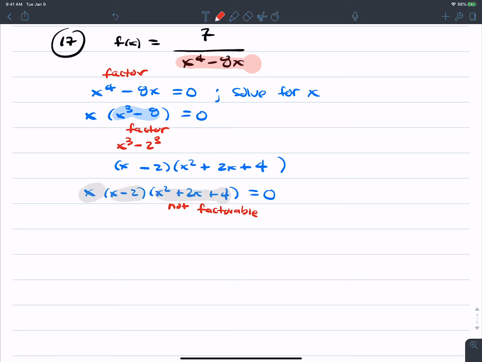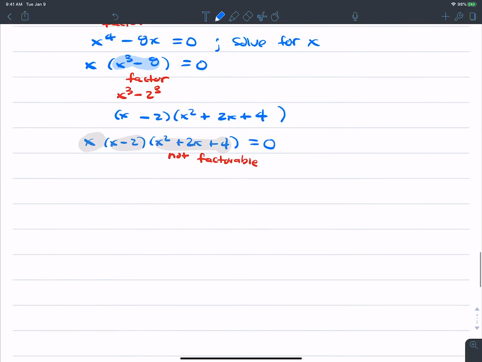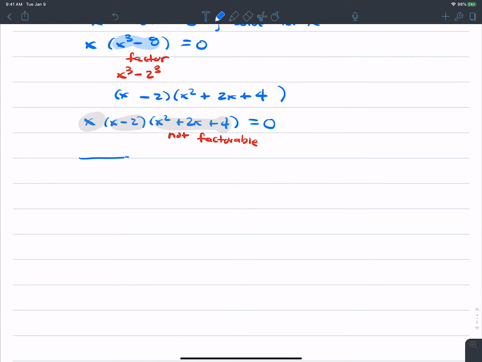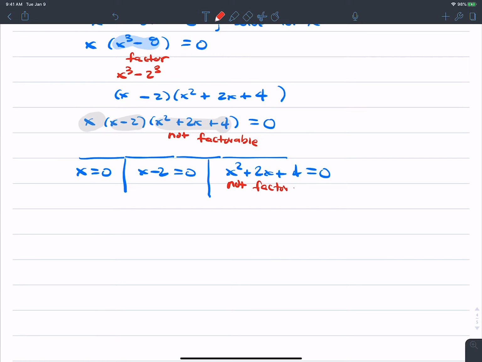That's going to be of importance for us when we use the zero product rule, because we'll end up putting every one of these terms equal to 0 in an attempt to solve. Since the last term is not factorable, we'll get complex solutions here. So this last term isn't factorable. This is not going to be of useful information for us because our context, again, is real numbers.